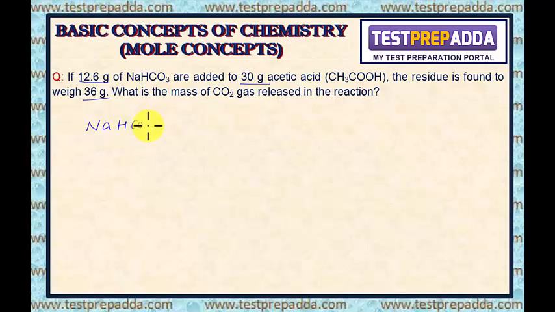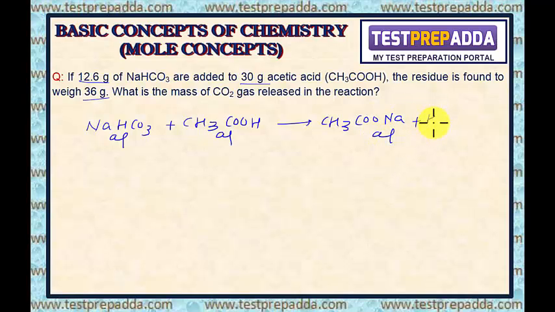Sodium bicarbonate, when reacted with acetic acid, a carboxylic acid, then we get sodium acetate plus H2O plus CO2. CO2 gas is liberated here.